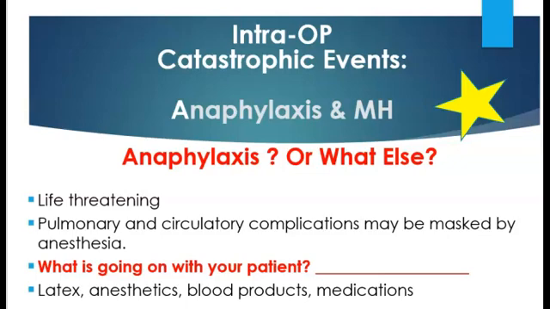What about the end-tidal CO2? Remember, temp and end-tidal CO2 are the biggies with MH. Is the patient having an allergic reaction to latex or maybe some blood products or medications? These are the things that we are worried about. These are the catastrophic events that could possibly happen.